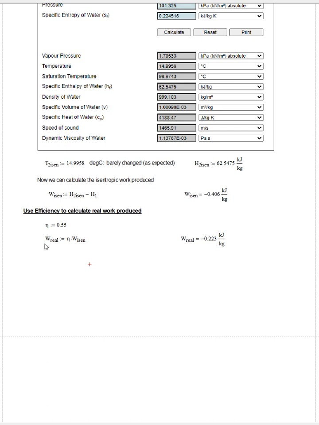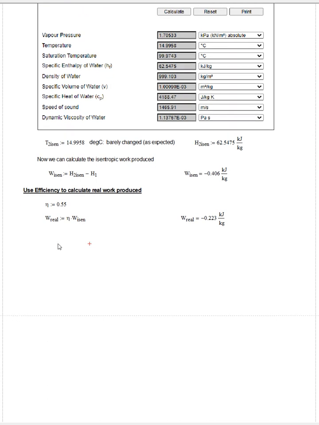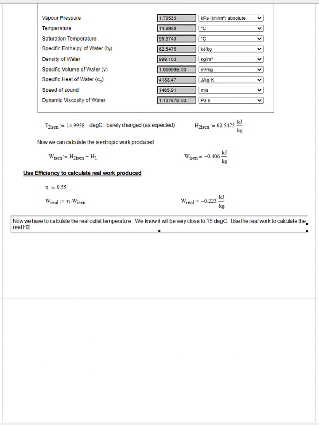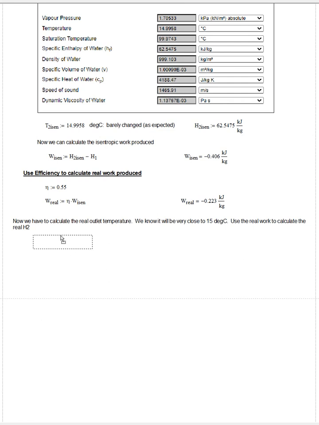Well, we kind of work backwards. We're going to back calculate our outlet temperature from our real work. And so what we do is we use the fact that the real work is equal to the delta H for the real process, right?